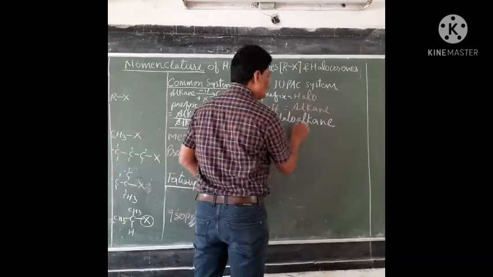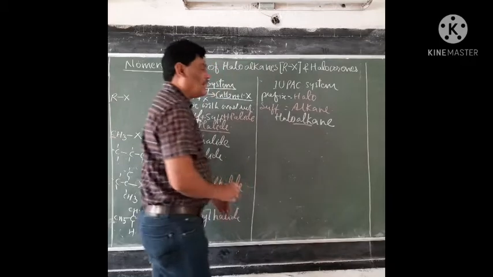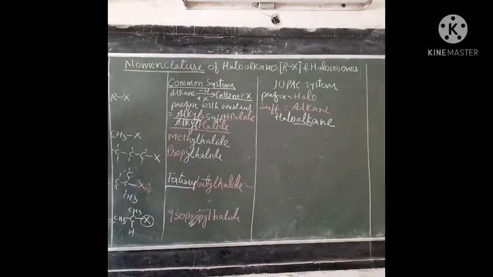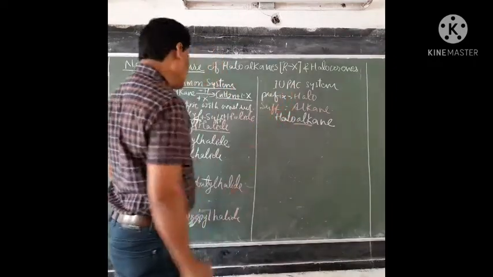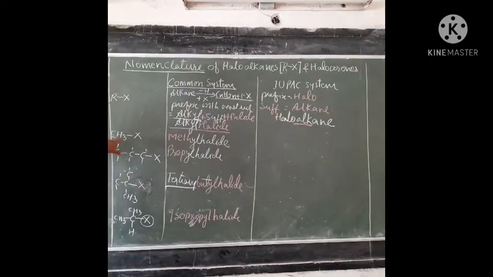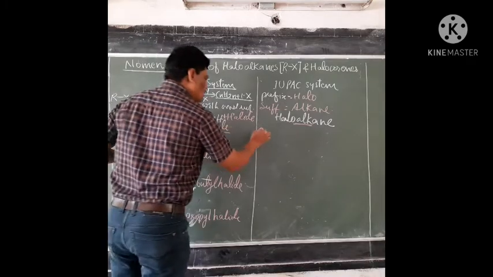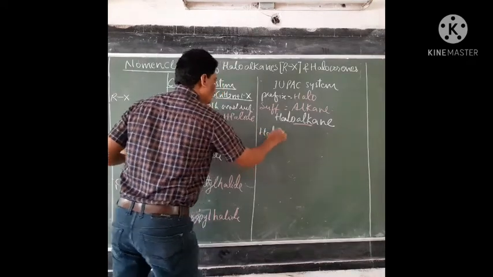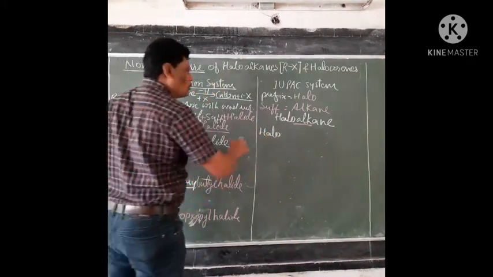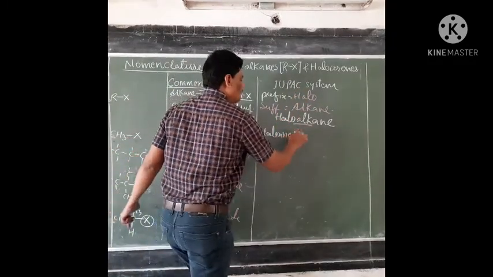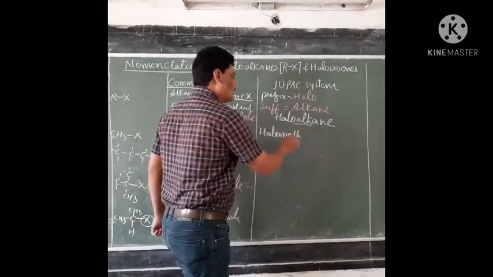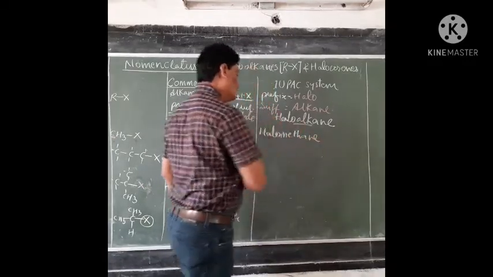Alkane, that is, the word root alk will be the number of carbon atoms, and the prefix will become halo for X. So what will be the name of this compound? First we have to write halo, and one carbon atom is there. So one carbon atom containing alkane is named meth. And being an alkane, it is written as methane.